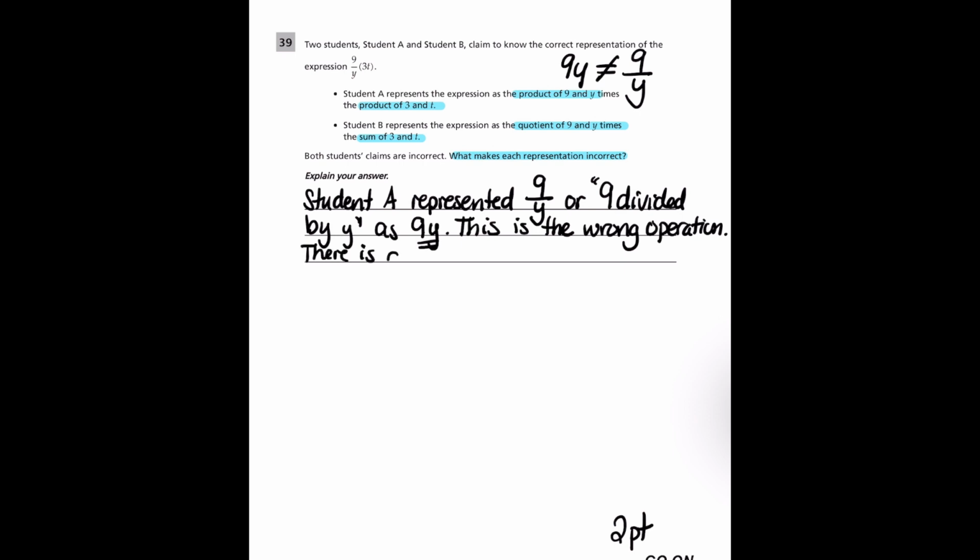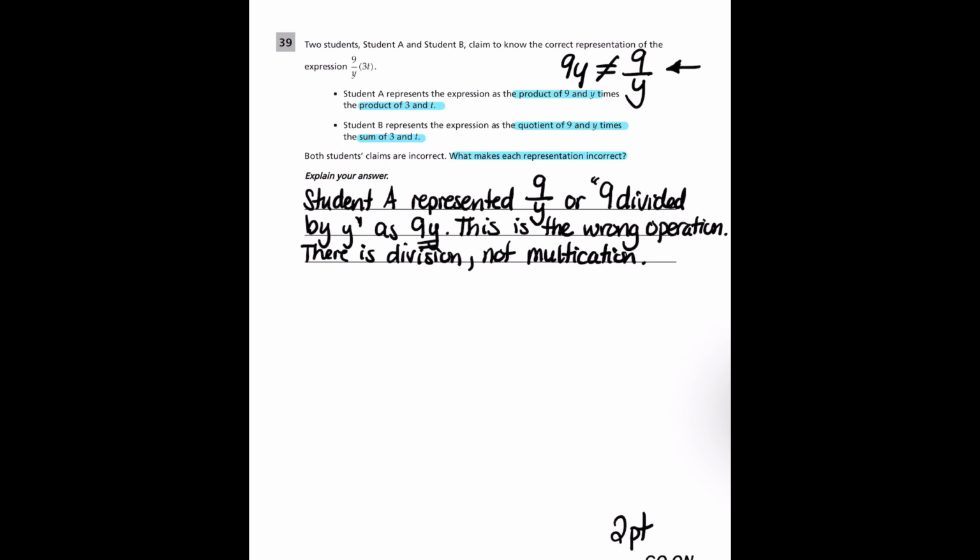There is division, not multiplication. So I know sometimes you're trying to write so much just to make sure you're super clear. They're going to look for some variation where you just say why this is wrong, because that's the error.